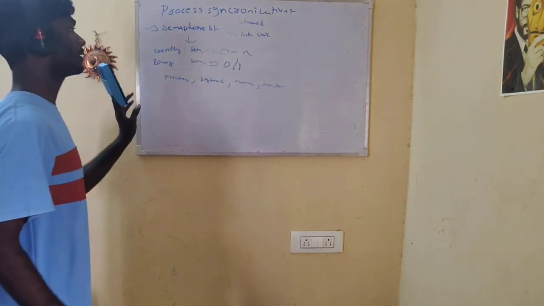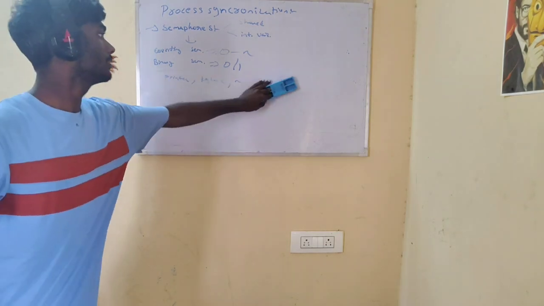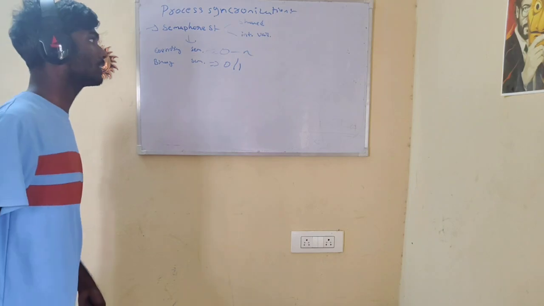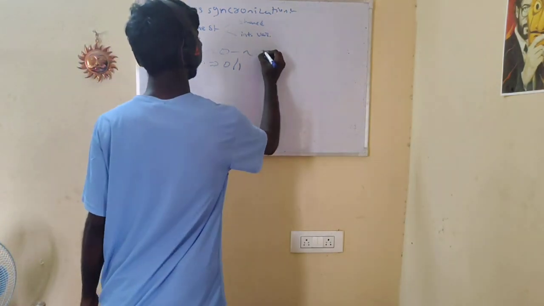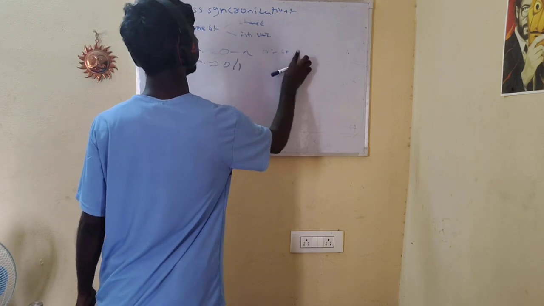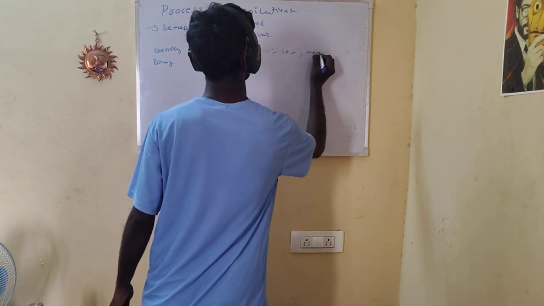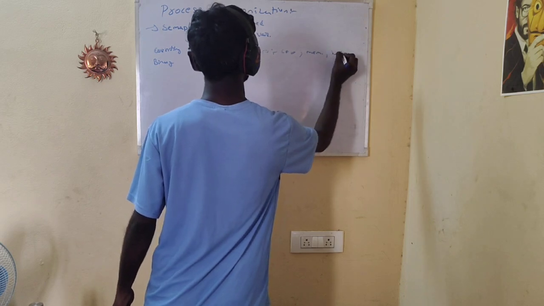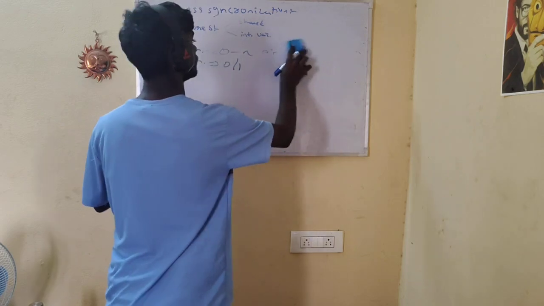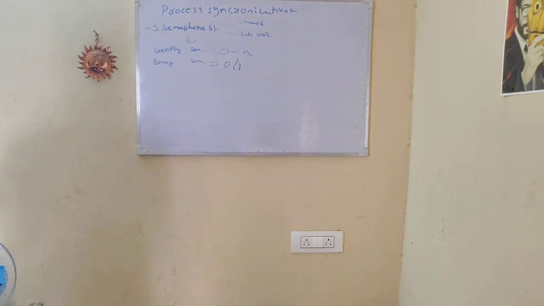And the counting semaphore is used when we are having more than one instance of a resource. For example, more than one CPU, dual core, hexa-core, quad-core CPUs, or memory slots, or hard disks. So these are the two types of semaphores available.